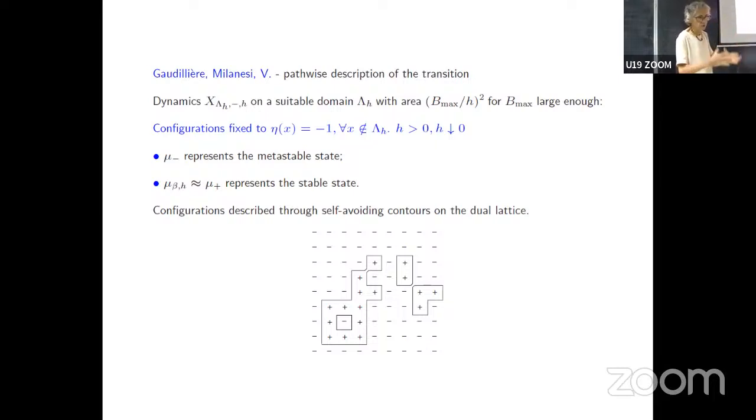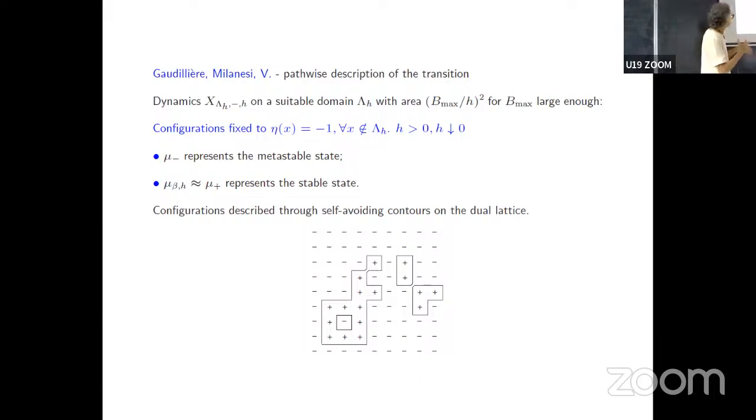At H equal to zero, the phase transition regime, you have two extremal invariant measures for the process. And we want to see if the pathwise approach can be done here.